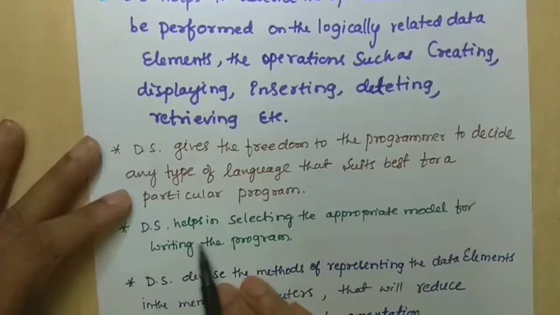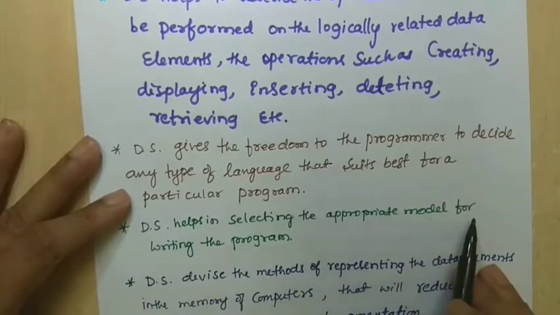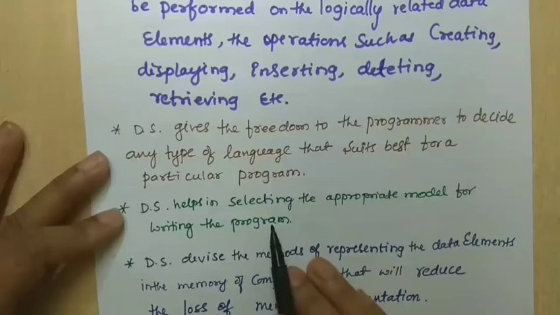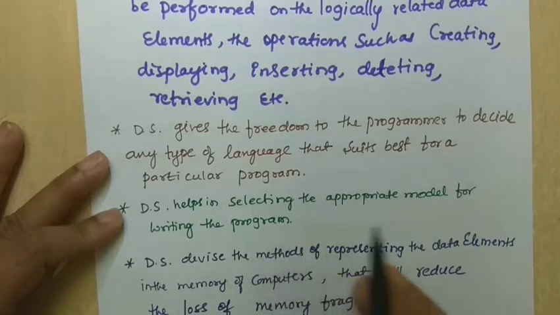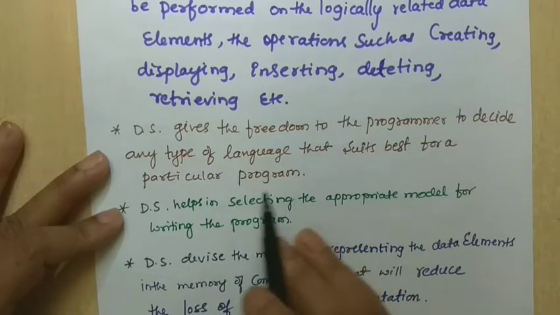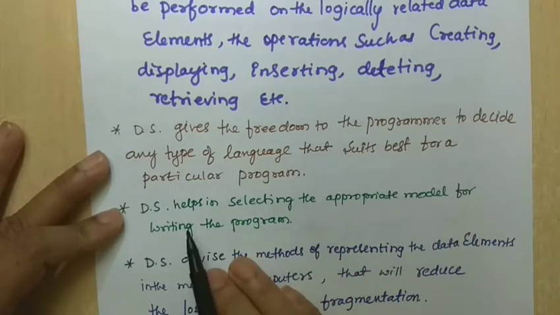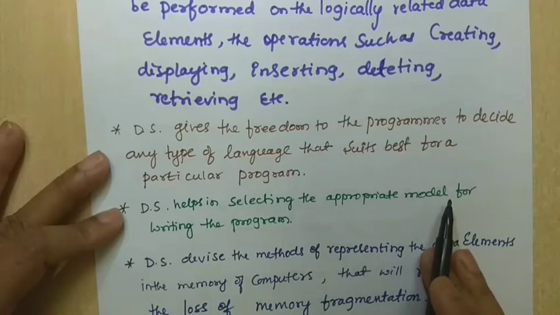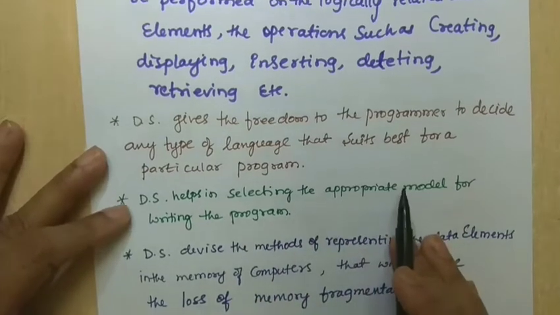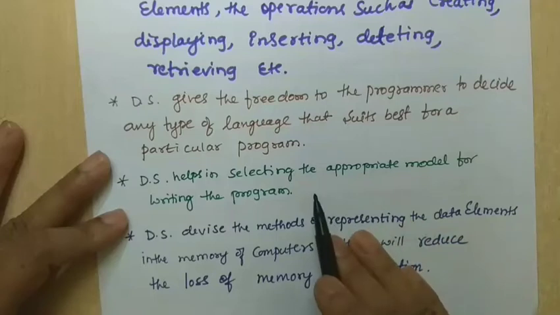Data structure helps in selecting the appropriate model for writing the program. I can use C++ or C, or I can represent the programs by using arrays, or by using pointers. Like this, I can select the appropriate model to write the programs.